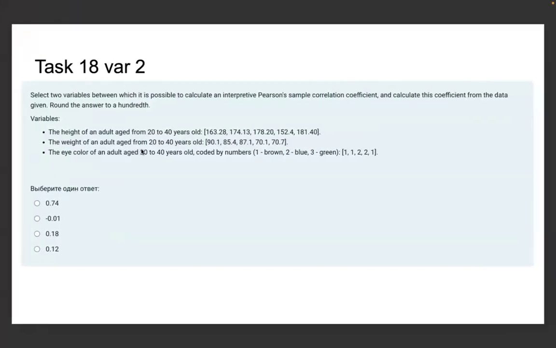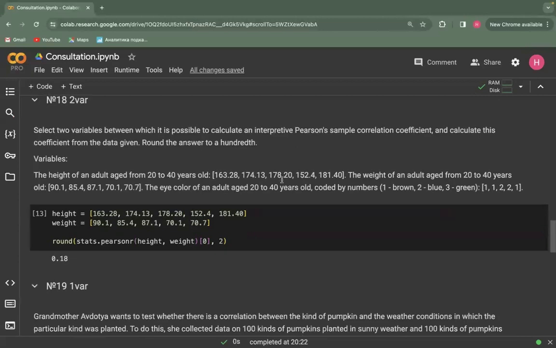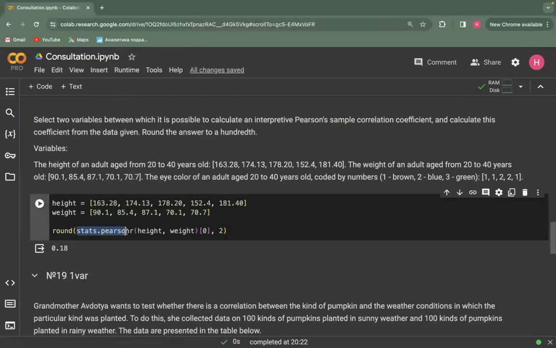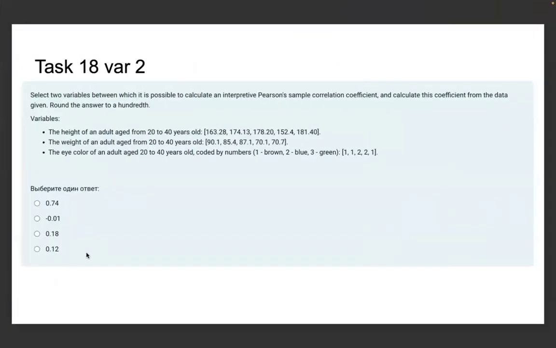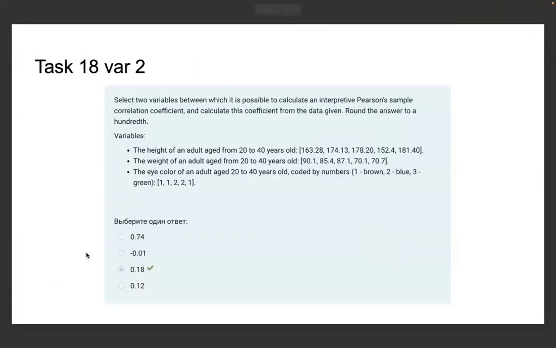So it's a very easy exercise. You just have to find two continuous data sets and put them into the function stats pearsonr and just write round. Just remember this function. So we put here height, we put here weight, and we have the answer 0.18, and it is the correct answer. Any questions about this task?